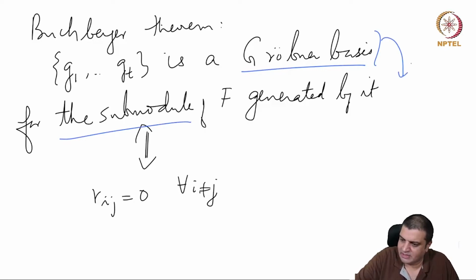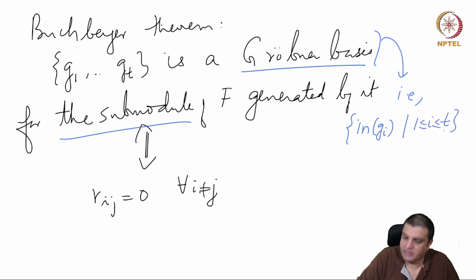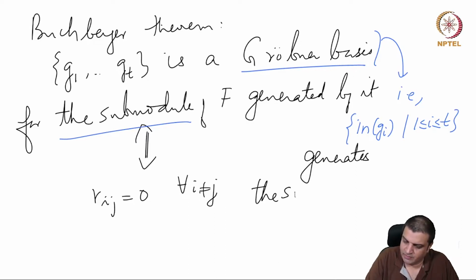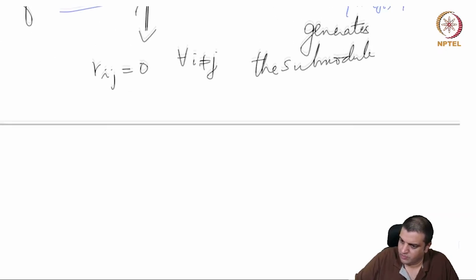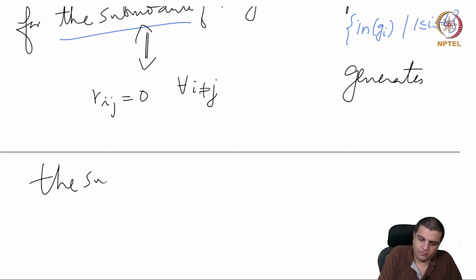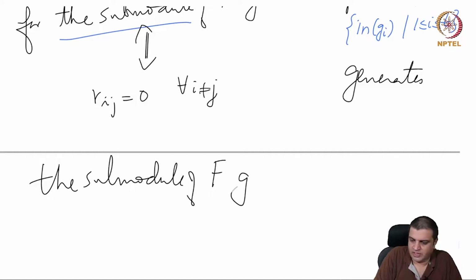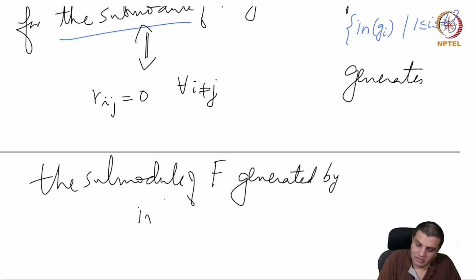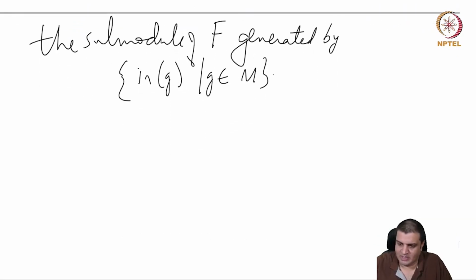It means exactly what it had meant earlier: the set of initial terms of Gi, for 1 less than or equal to i less than or equal to t, generates the submodule of F generated by the initial terms of all the elements in M. Exactly analogous to what we do for ideals, one can prove the statement, but we will not attempt proving it.